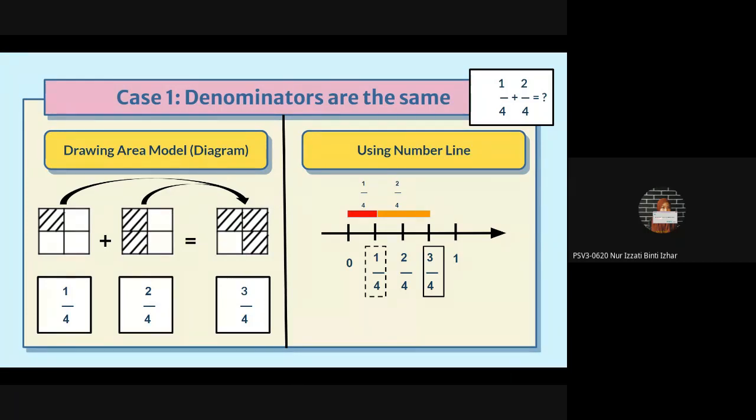As you can see on the slide, the red bar indicates that from 0 to the first fraction is equal to 1/4. Then, starting from the end of the red bar, the orange bar starts from 1/4 and travels the amount of 2/4. So the end of the orange bar is the answer, which is 3/4. Okay, next.